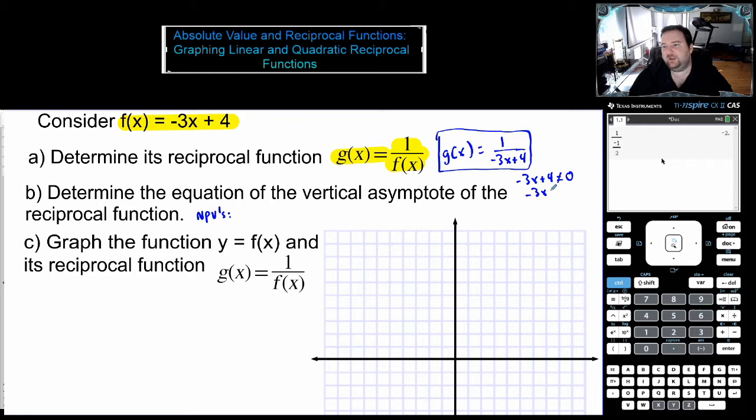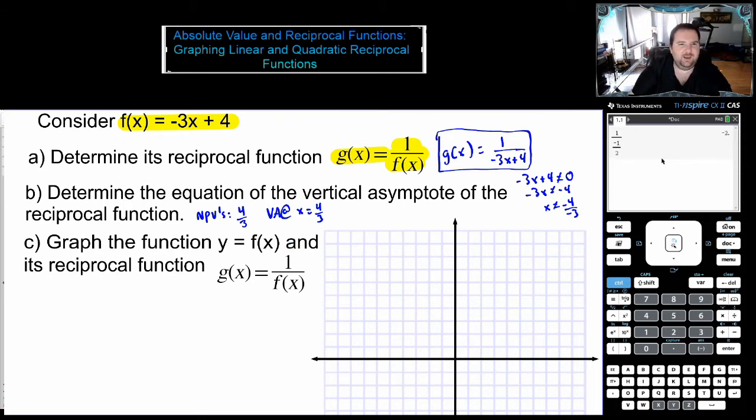So negative 3x cannot equal negative 4. And then x cannot equal negative 4 divided by negative 3, which means my non-permissible value is 4/3. So this actually becomes my vertical asymptote. I have a vertical asymptote at x equals 4/3. My non-permissible values are my vertical asymptotes.